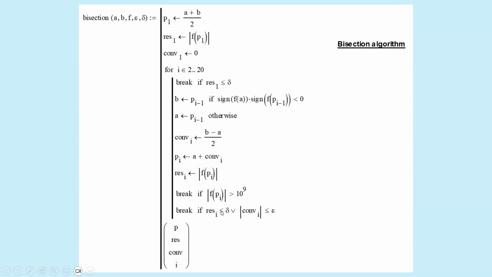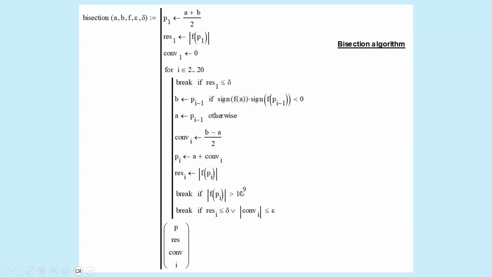Sorry, to stop the algorithm we have two options. If the residual is less than the tolerance, we can stop the algorithm, or if the iterative convergence is less than epsilon, that is the value equal to the tolerance, we can stop the algorithm.